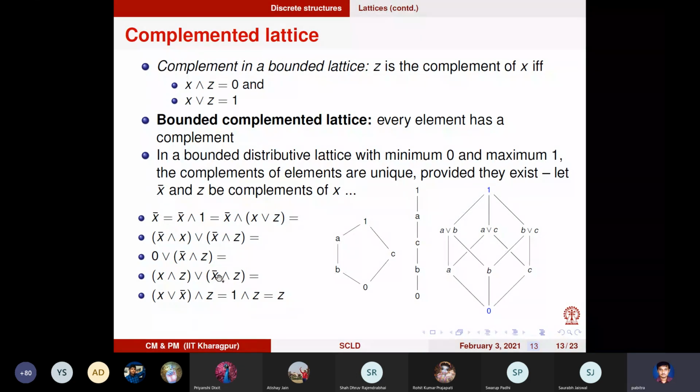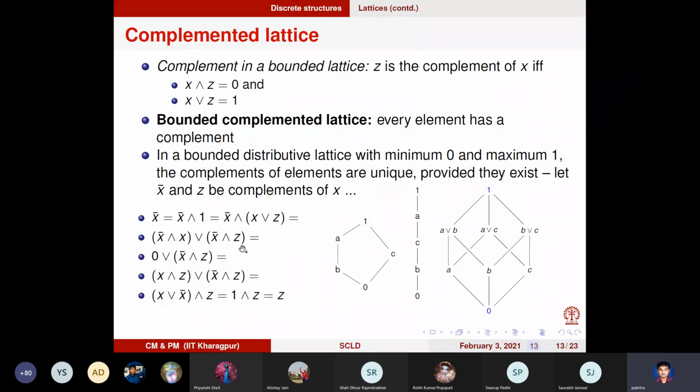Okay. So now apply the distributivity property. It's a distributive lattice, so apply the distributive property on this. So you get X bar meet X join X bar meet Z. I'm just distributing this meet over this join.